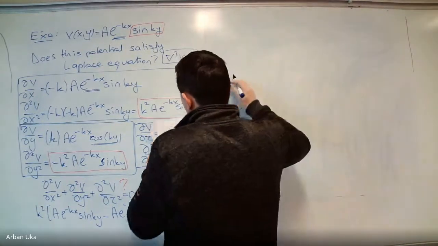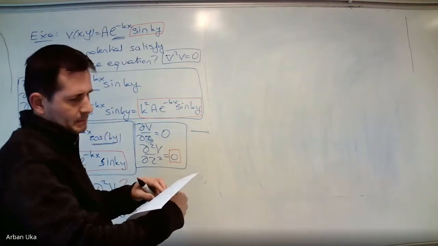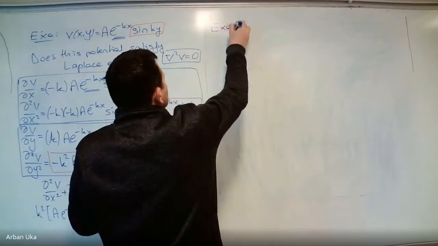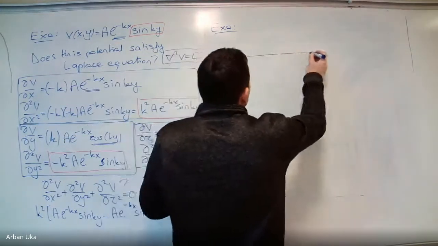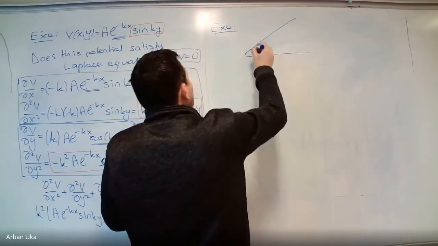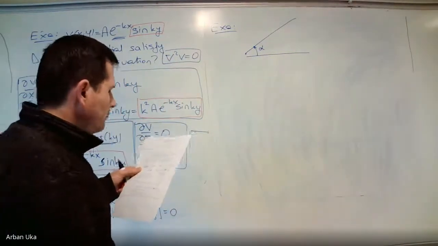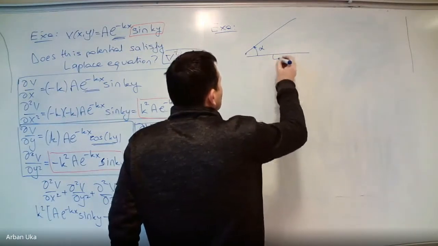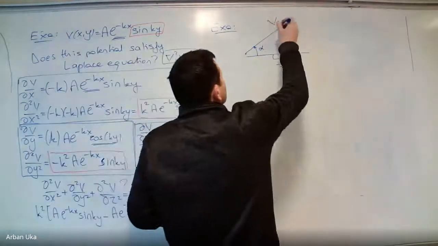Now let's have a look at the following. Let's assume that we have two conducting plates that are held at an angle alpha, and one of the plates, the bottom metallic plate, is grounded, and the top one is at potential V0.